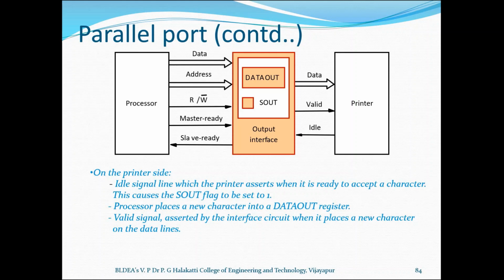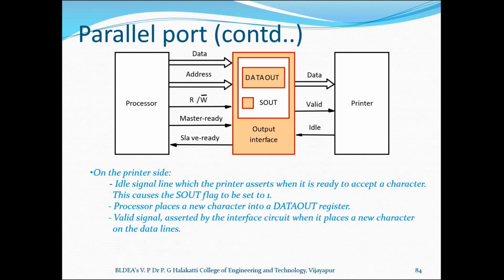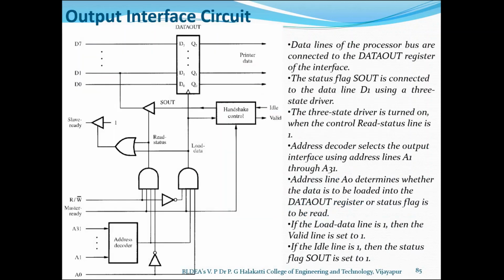The same thing has been explained here in words. This is on the processor side, what all lines are there, and this is on the printer side, and this is a detailed implementation of the output interface.